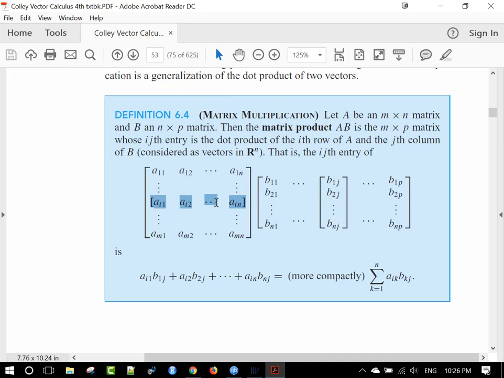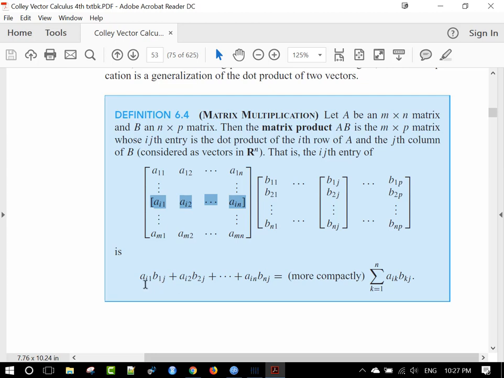And now we just said you're going to take this times this, so you're going to get ai1 b1j, plus ai2 b2j, and you keep doing that until the end, ain bnj.